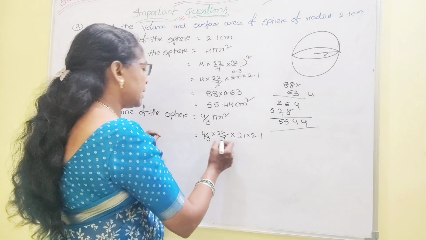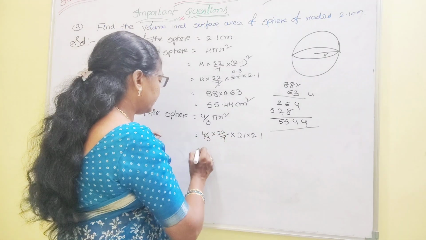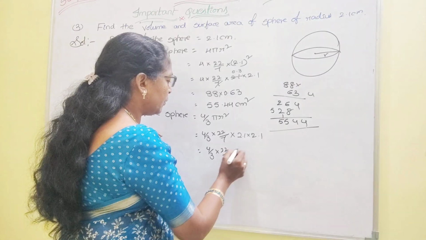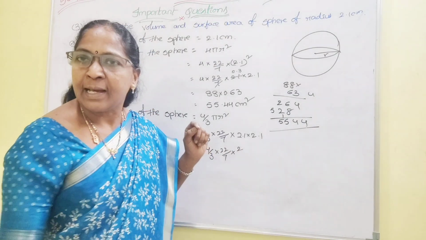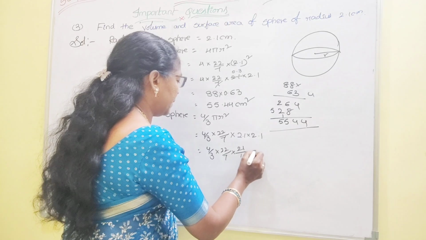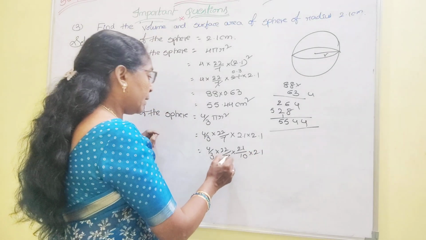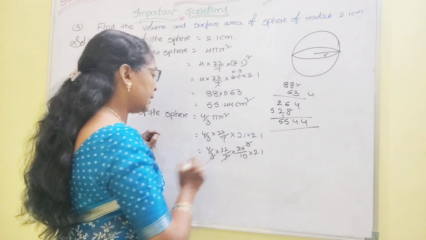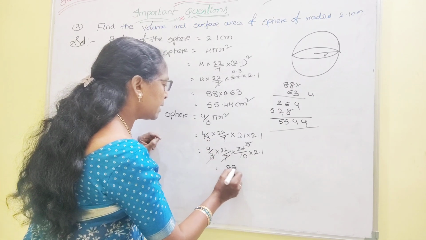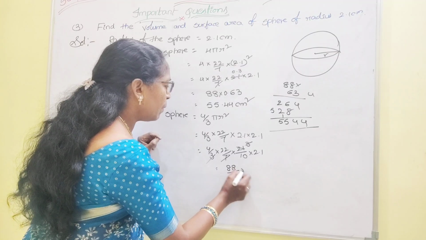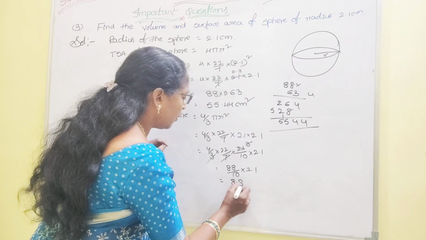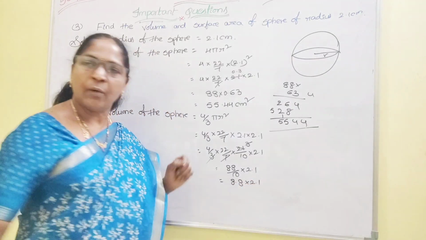Now again, one more thing I am telling: 4 by 3 into 22 by 7 into, this 2.1 can be written as 21 by 10, and multiplication of 2.1 you keep it. Why? Because 7 in this 3 times, and 3 and 3 will be cancelled. Now 4 twenty-twos are 88, 88 by 10 multiplication of 2.1. 88 by 10 equals 8.8 multiplication of 2.1.